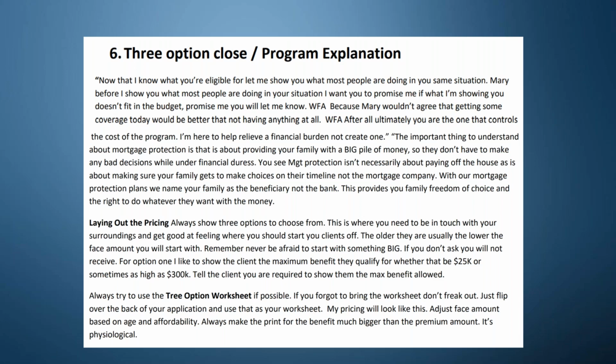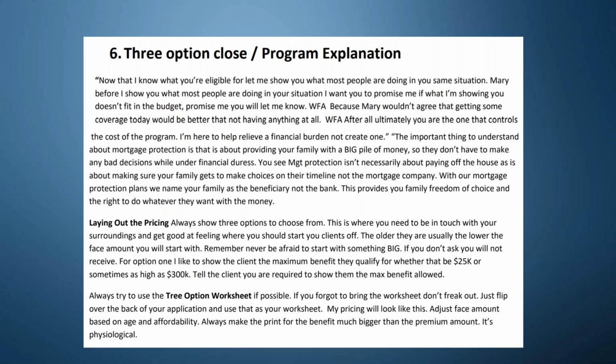The important thing to understand about mortgage protection is that it's about providing your family with a big pile of money so they don't have to make any bad decisions while under financial duress. You see, mortgage protection isn't necessarily about paying the whole house off. It's about making sure that your family has choices and they get to make choices on their timeline, not the mortgage company's timeline.